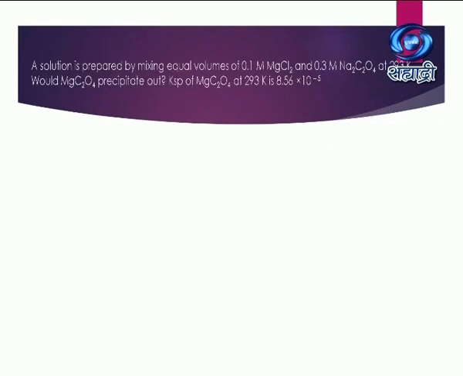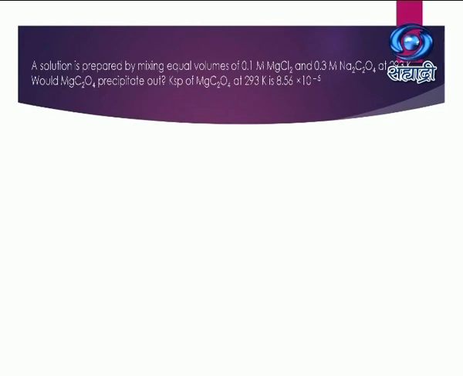Let's consider one numerical. A solution is prepared by mixing equal volumes of 0.1 molar magnesium chloride and 0.3 molar sodium oxalate at 293 Kelvin. Would magnesium oxalate precipitate out? Ksp of magnesium oxalate at 293 Kelvin is 8.56 into 10 raised to minus 5.